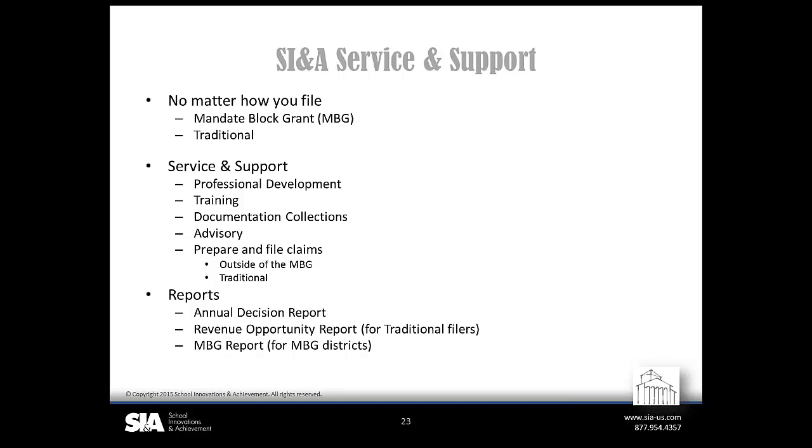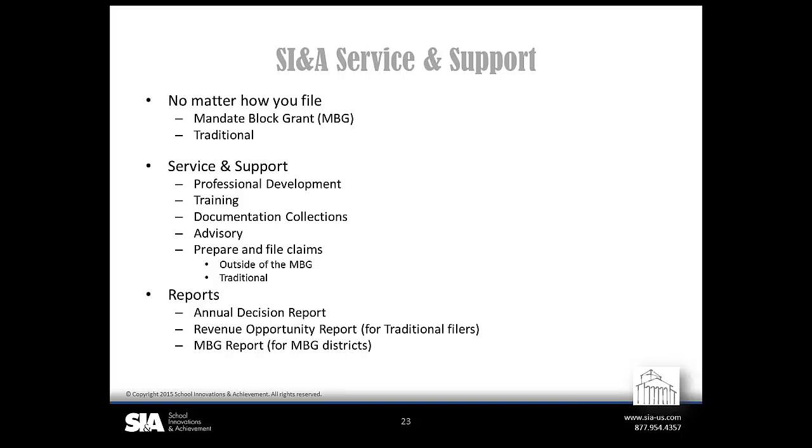So the matter is, we have continued to file traditionally rather than going with the block grant, mainly because we still see benefit in filing traditionally versus the block grant, just because of the potential dollars that are out there. And working with SI&A, with our rep in the area that we've worked with for many years, they've really been the biggest benefit.